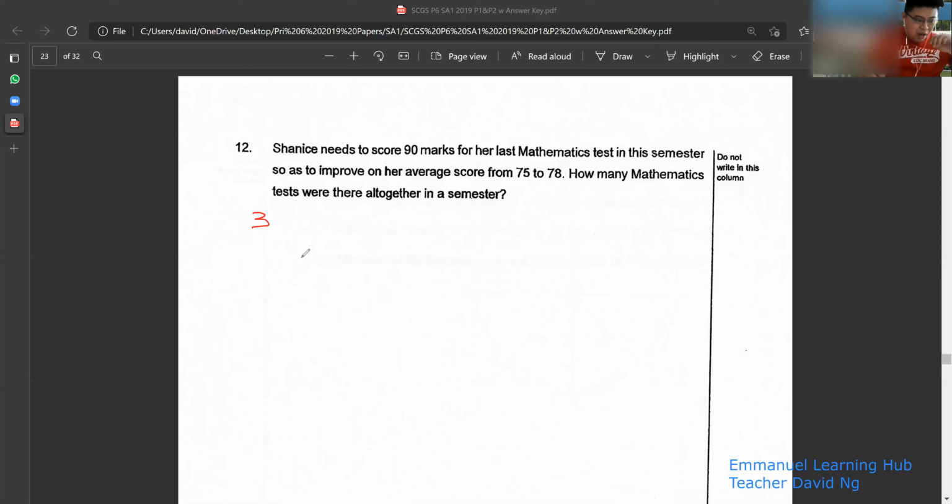Then her total marks, right, is actually 75 times the number of tests plus 90. Then you're going to use 90 minus 75, then 15 divided by 3. 90 minus 75, because she needs to score 90 marks.